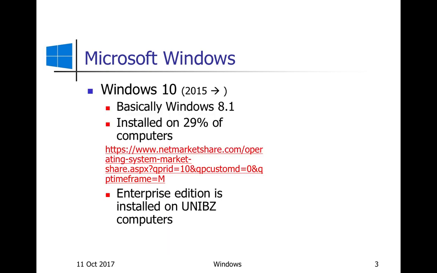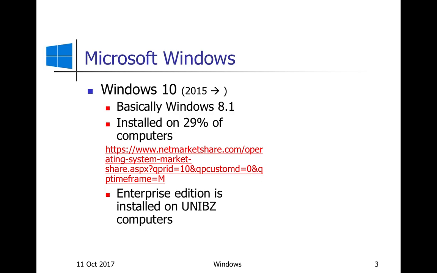The current version of Windows, at least in 2017 when I'm producing this video, is Windows 10. It started in 2015. Microsoft made a heavy advertisement program to push all the people who had Windows 8 to move to Windows 10. Honestly, it's basically Windows 8.1, at least from the user experience. There is nothing new.